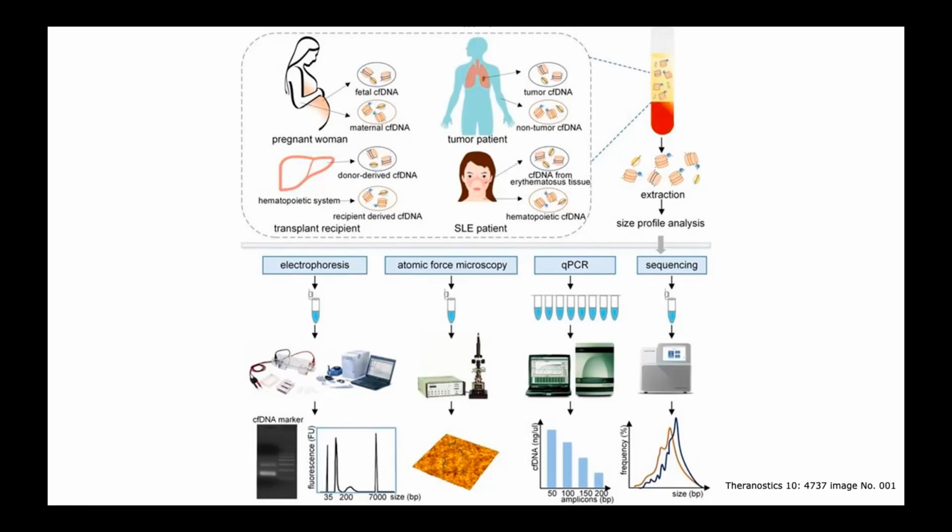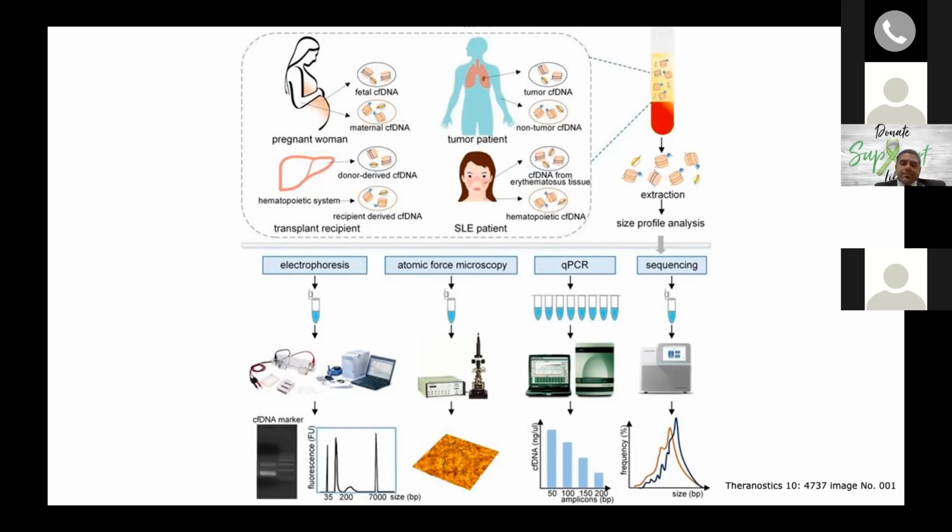Under normal circumstances, if the organ is well and the host body is not attacking the organ or causing any damage to it, then the organ is intact and the cells are not spilling their DNA. Therefore, the level of cell-free DNA coming from the donor will be very, very small as compared to the portion of the cell-free DNA coming from the recipient.